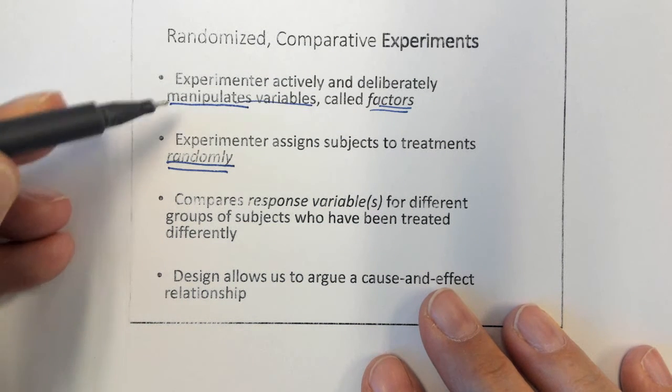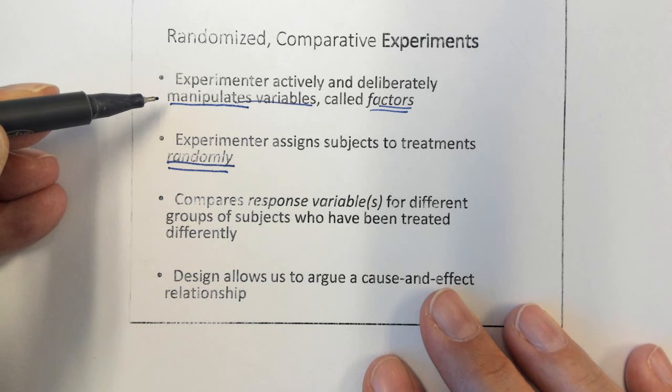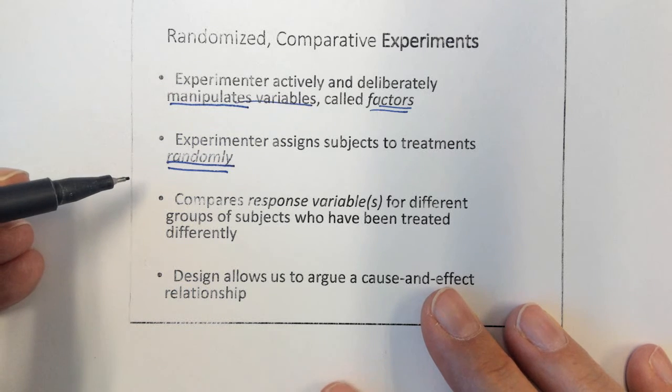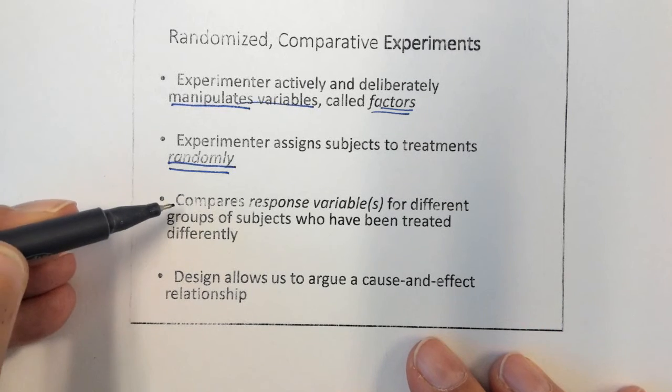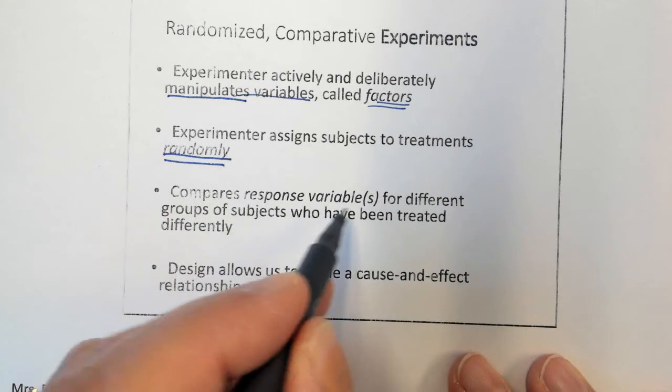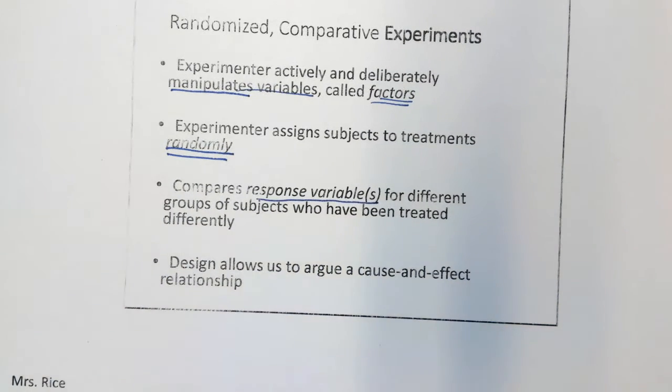In the end, after you manipulate some variables, give these women some supplements or not, you're going to compare a response variable. So there's a change in vocabulary. Instead of calling it a variable or parameter of interest, we call the end result that we want to measure, which is whether or not they have severe depression, our response variable in an experiment.